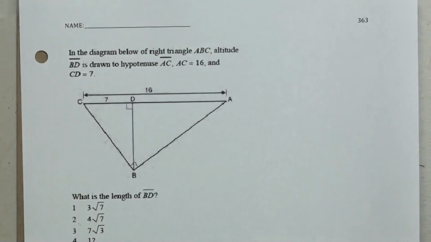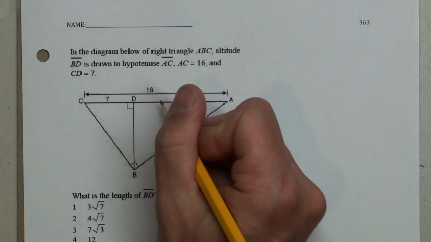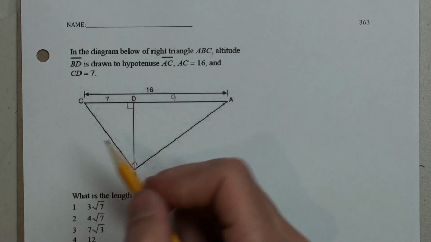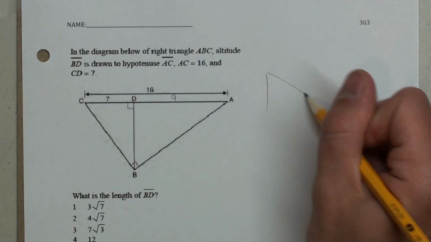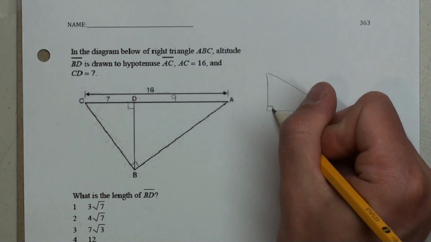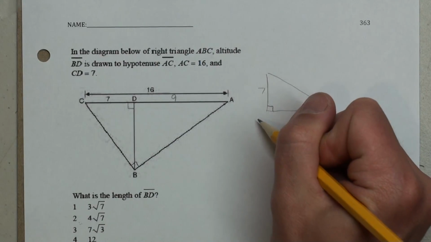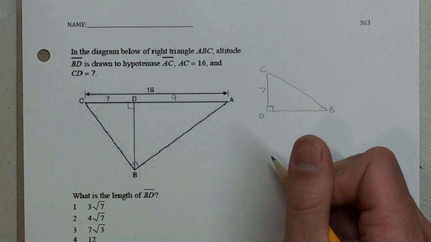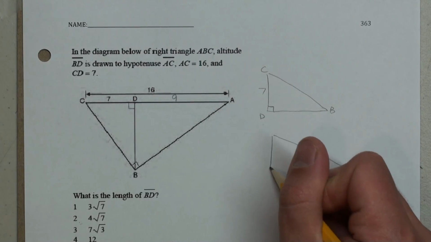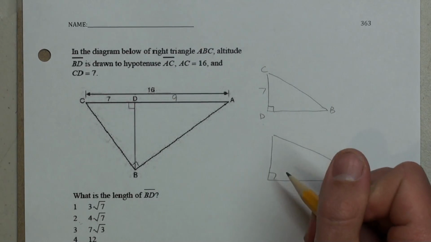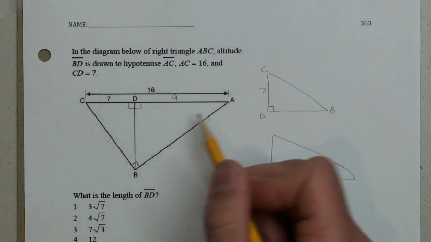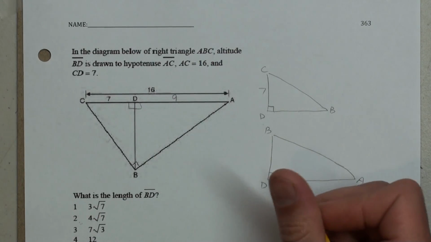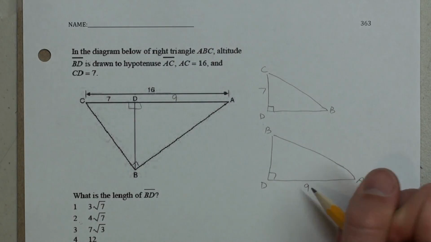Let's look at this one. This whole thing is 16, this is 7, so this is 9, right? Now let's take the little triangle first. 7, D, C, B. Then this triangle over here, this is A, this is B, this is D, this is 9.